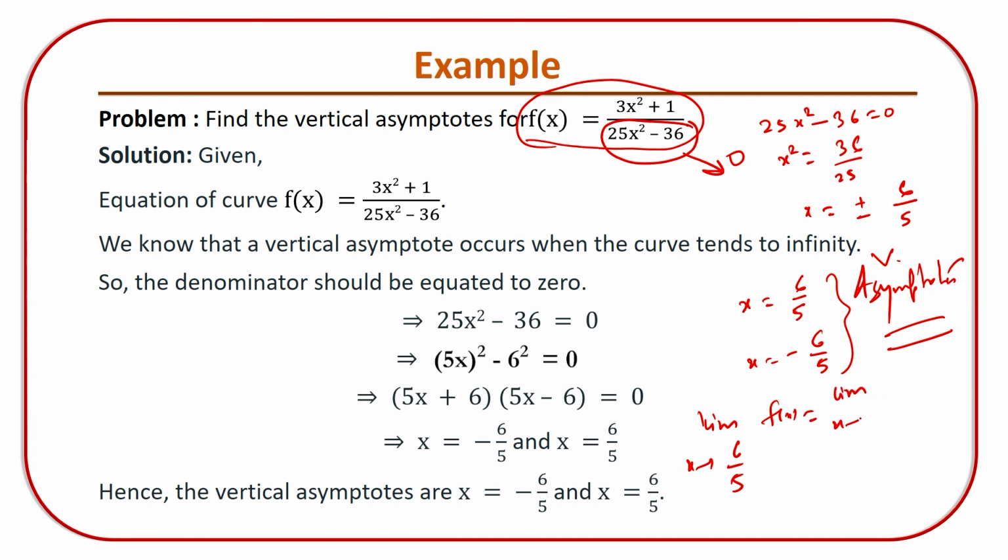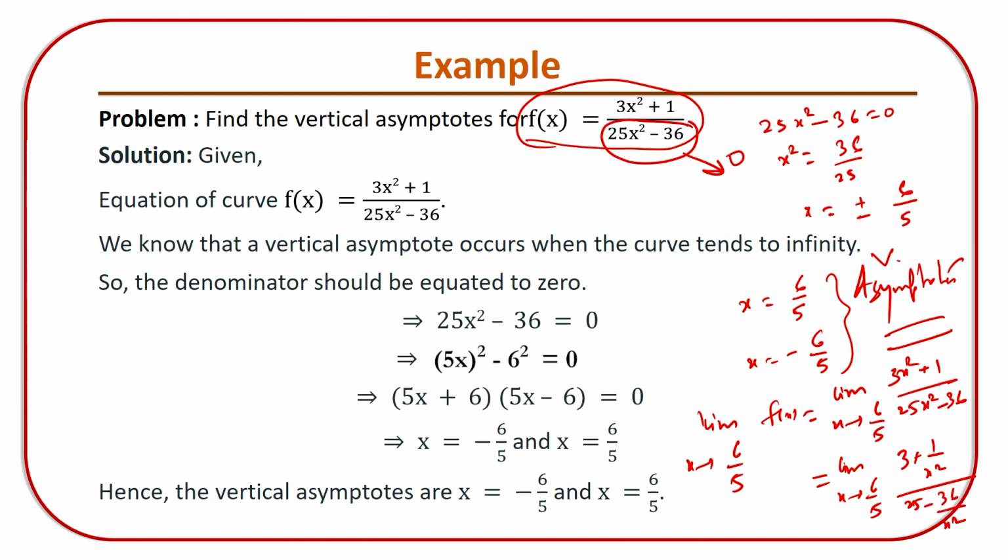Limit of x tends to 6 by 5, and since 3x square plus 1 divided by 25x square minus 36 is already given, I will make this one as 3 plus 1 by x square, divided by 25 minus 36 by x square, right?